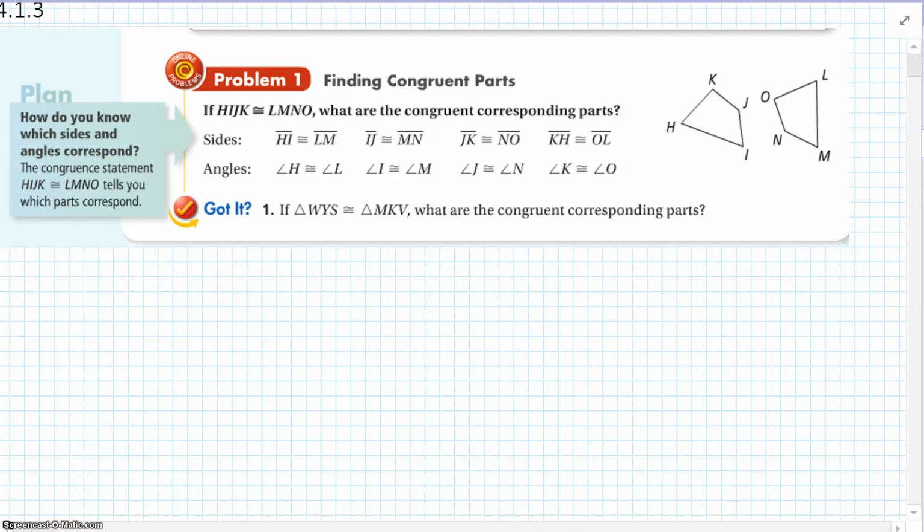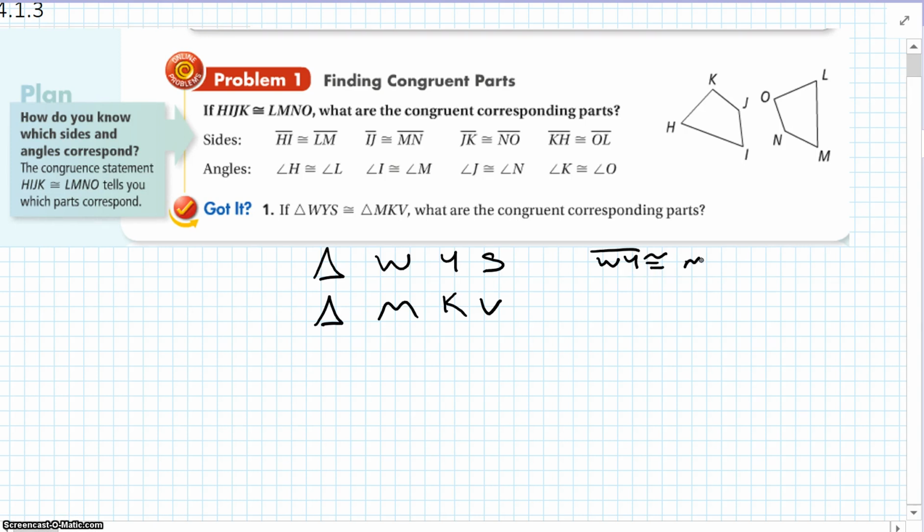Okay, now let's try this one. If the triangles are congruent, so I have triangle WYS is congruent to triangle MKV, what are the congruent corresponding parts? Well, segment WY has got to be congruent to segment MK. Segment YS has got to be congruent to KV.